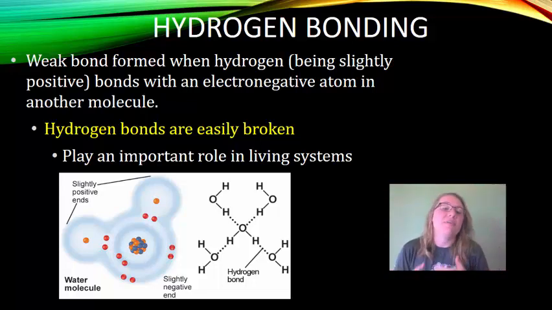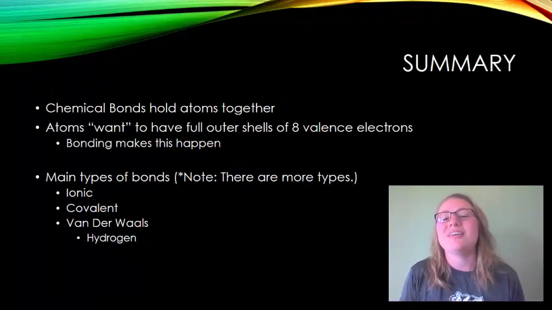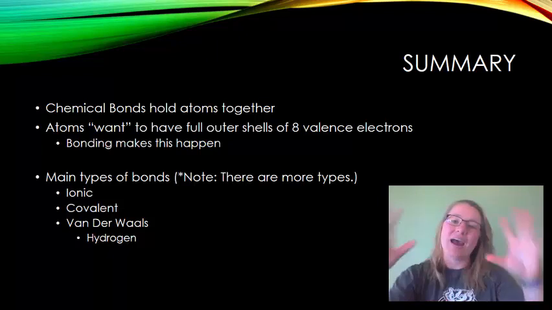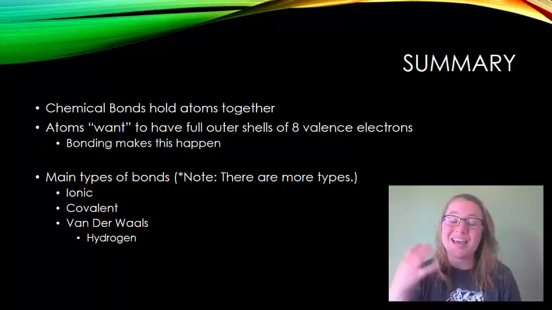These bonds play a very important role in living systems, and we have a whole video lecture dedicated to the properties of water, and these water properties are really the result of hydrogen bonding. In summary, chemical bonds are the things that hold atoms together. Atoms want to have an outermost valence electron shell that is full, which means it has 8 valence electrons.